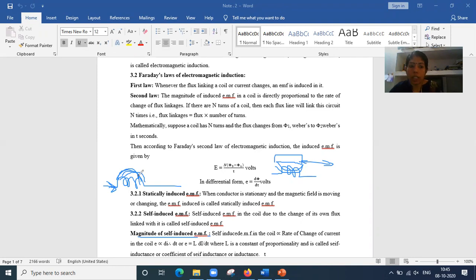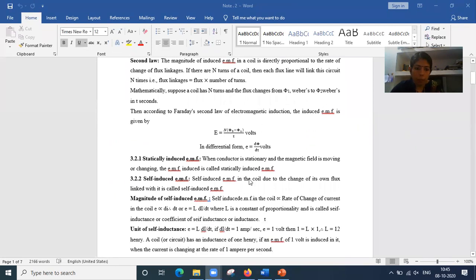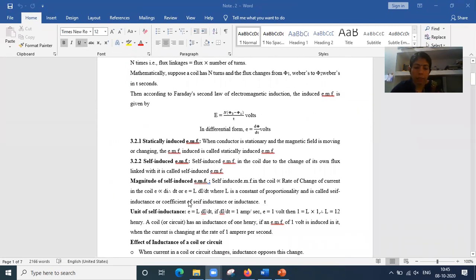So the change in magnetic field in its own coil will produce an EMF that is called self-induced EMF. Okay. Then the magnitude of self-induced EMF is proportional to the rate of change of current.